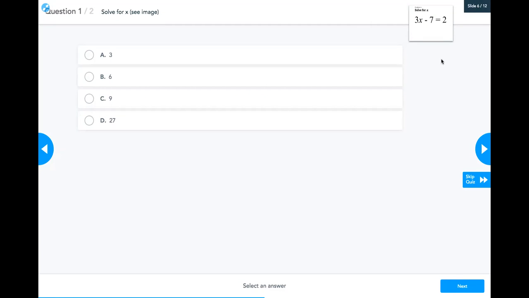Okay. So Jolene, do you see where it says 3x minus 7 equals 2? So what would I want to do to that? Plus 7 on both sides.